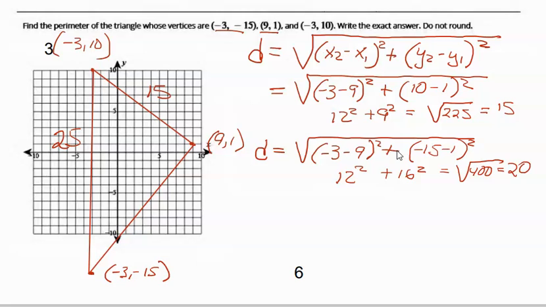And the square root of 400 is 20. So this side is 20. So we have 15 and 25 is 40, and 20 is 60. So the perimeter of this is 60, whatever units this is.